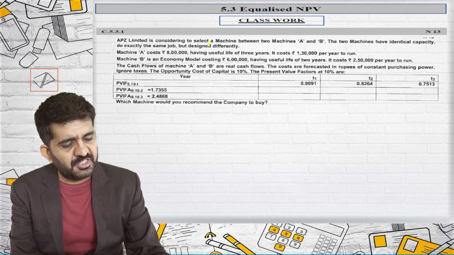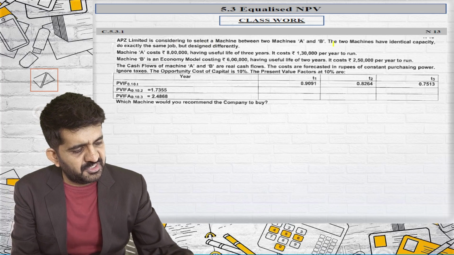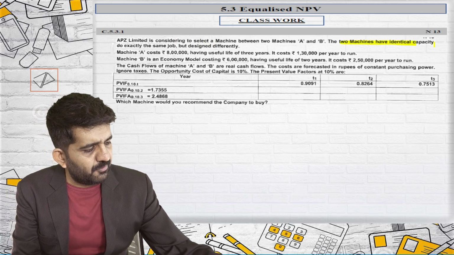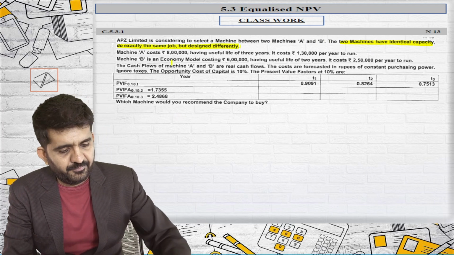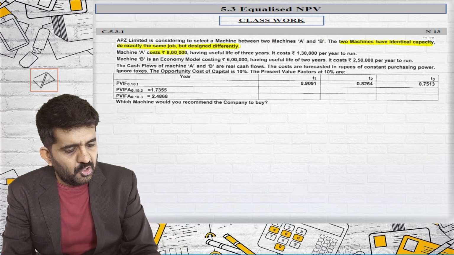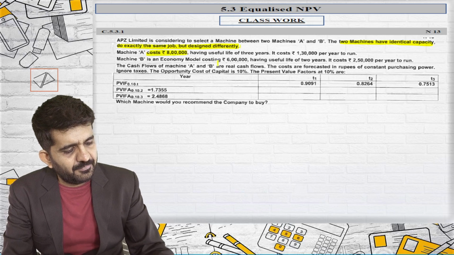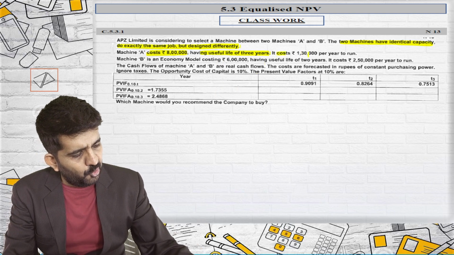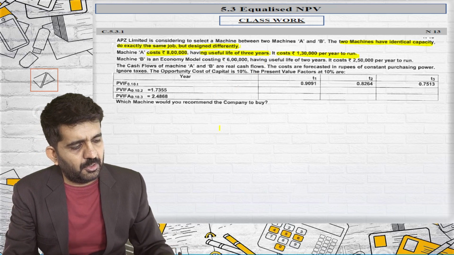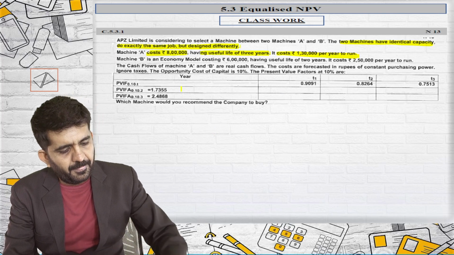APZ Limited is considering selecting a machine between two machines, A and B. The two machines have identical capacity and do exactly the same job but are designed differently. Machine A costs rupees 8 lakhs, having a useful life of 3 years. It costs 1,30,000 per year to run.